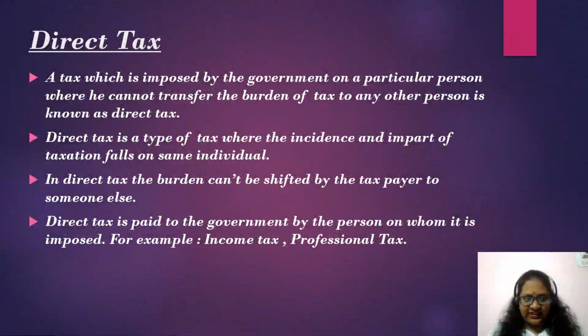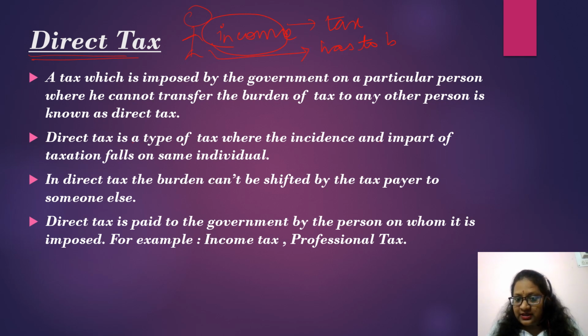First comes the direct tax. Now let's understand first what is a direct tax. Here is a person, and whatever income he has earned in that particular financial year, the tax is imposed on that. This tax has to be paid by this person. It has to be paid compulsorily by him and it cannot be transferred to any other person.